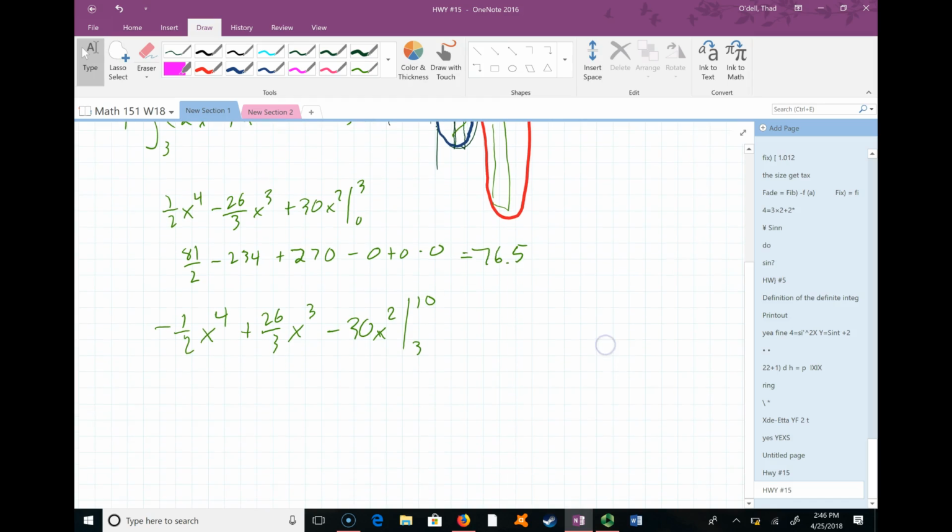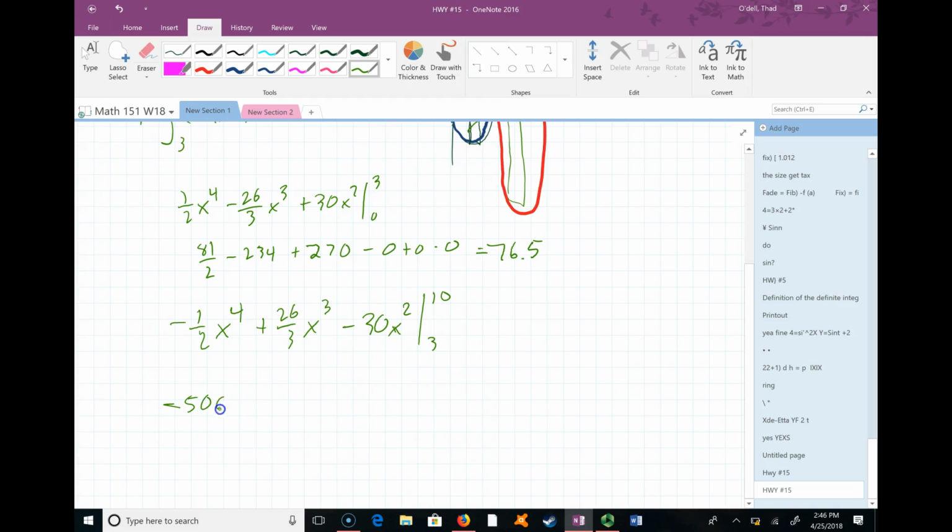So now if I plug those numbers in, I'm going to get, well, 10 to the 4th power is 10,000 divided by 2, that'd be negative 5,000. Put 10 in there, that'd be 26,000 divided by 3. And that is going to be 100 times 30, which is negative 3,000.